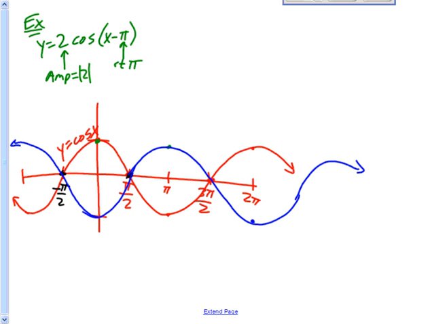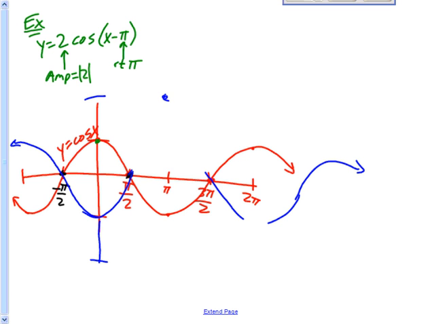Now I did one thing wrong here. I moved everything to the right pi, but I have to consider also my amplitude is 2, right? So this is going to stretch it out as well. So instead of having the point pi comma 1, I got to make sure that I stretch this thing out. And this is doing it without points, right? I'm like, hey, these all have got to be stretched.